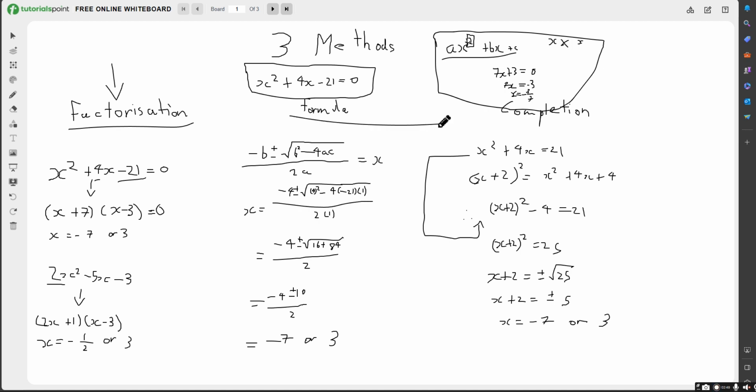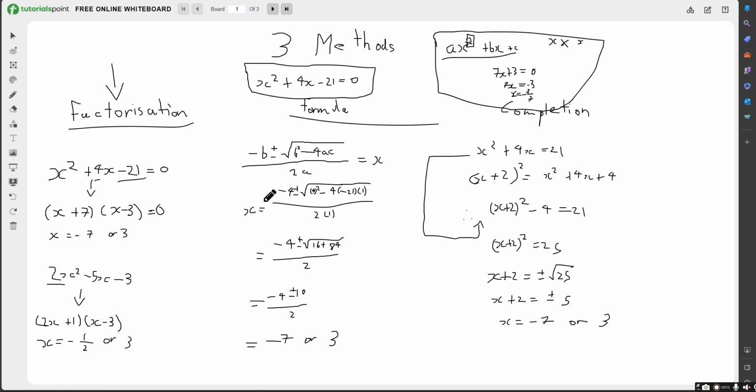Okay, next, the formula. This is most people's favorite one because it's the most straightforward. We have our formula of ax squared plus bx plus c, and all you have to do is take these values, a, b, and c, and plug them into this equation, which is minus b plus or minus, we'll get over this in a second, the square root of b squared minus 4ac, all of that over 2a.